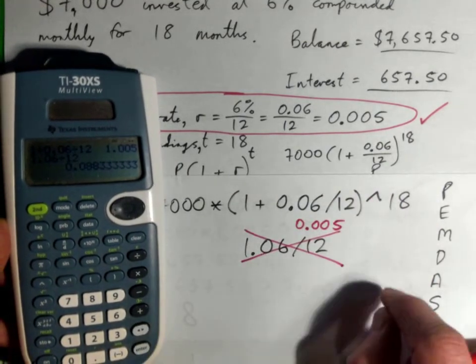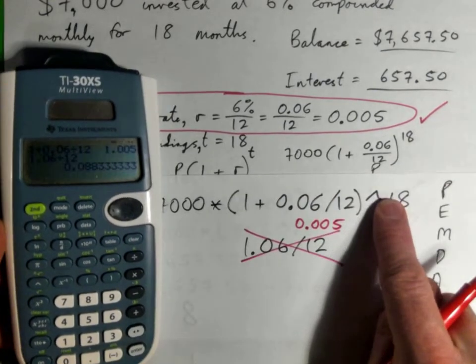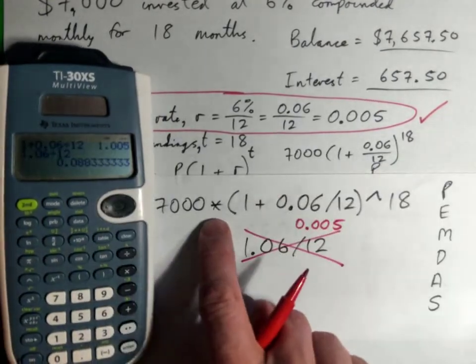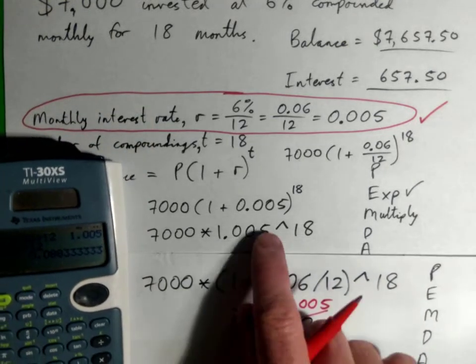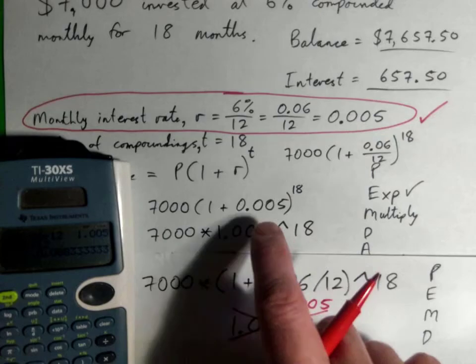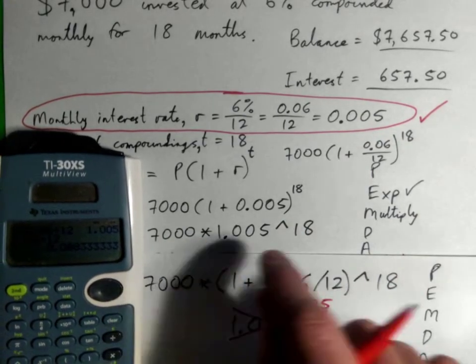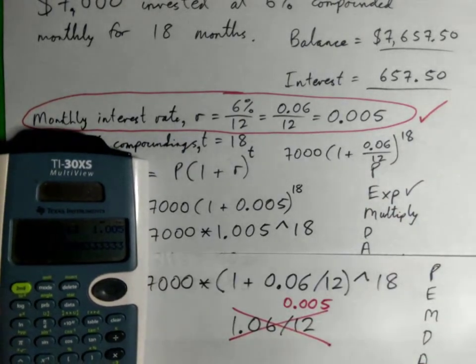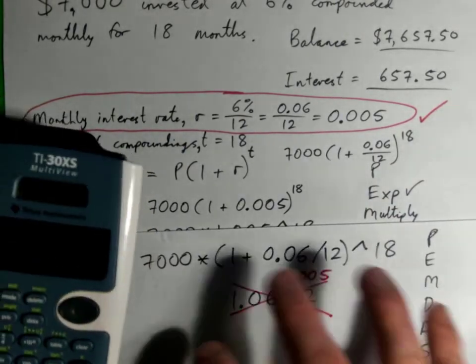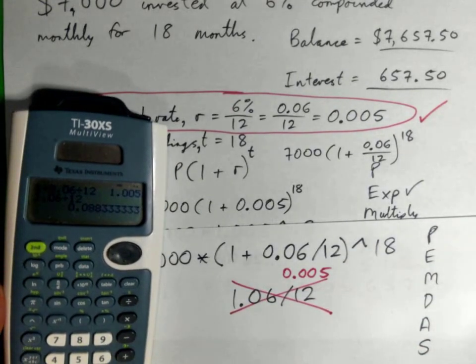To tell your calculator, I want to get the monthly interest rate, I want to add 1, I want to then do the exponent on that, and then multiply by 7,000, which is what we did, step by step. See how we got the monthly interest rate, we added 1, then we did the exponent, and then we multiplied. So if you get those operations mixed up, then your answer will be wrong also. So this is good practice. We're doing lots of this in this class. It's good practice to do these now, right? Great question.